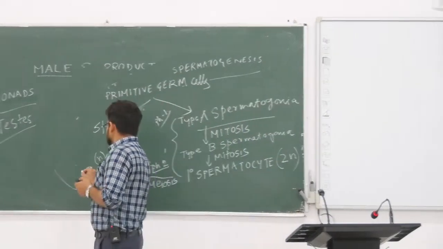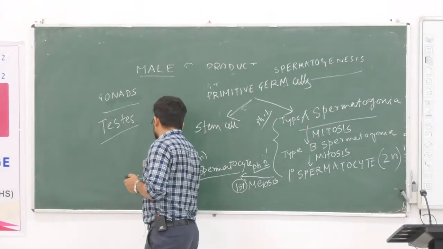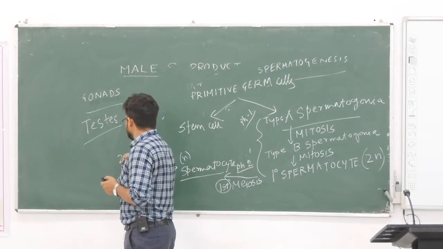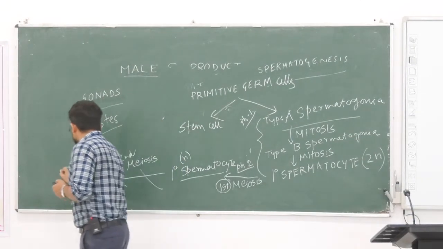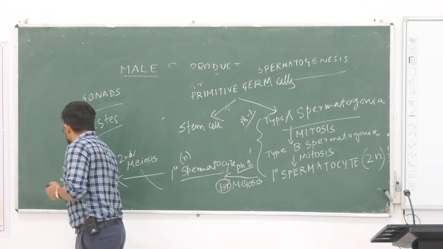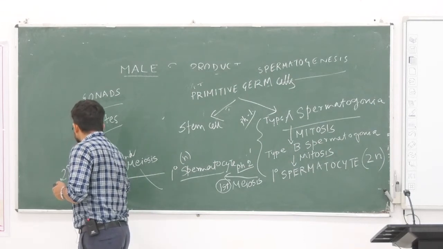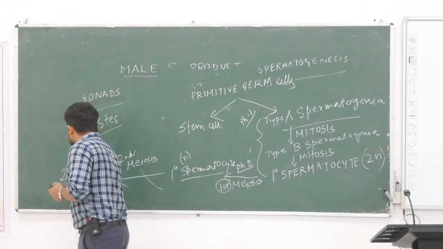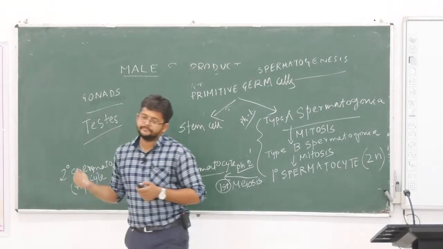Then we have the second meiotic division. That forms the secondary spermatocyte. This is also haploid.